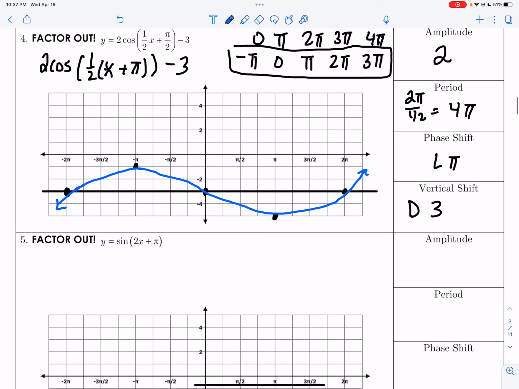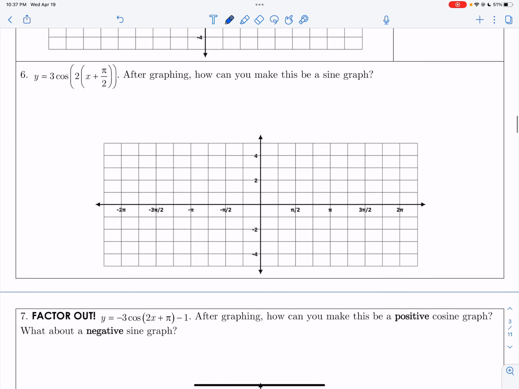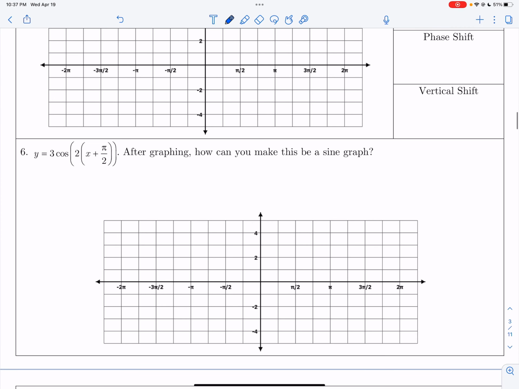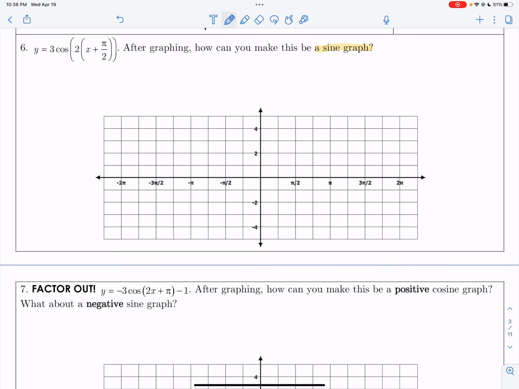I'm not going to do number 5, but I am going to do number 6, because this question's asking us, given that we have 3 cosine 2 times x plus pi over 2, how can I convert this into a sine graph? Well, before I do that, I need to take care of this and figure out how can I graph this before I do anything else.